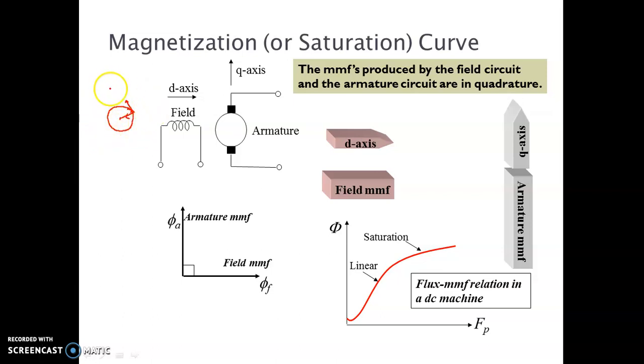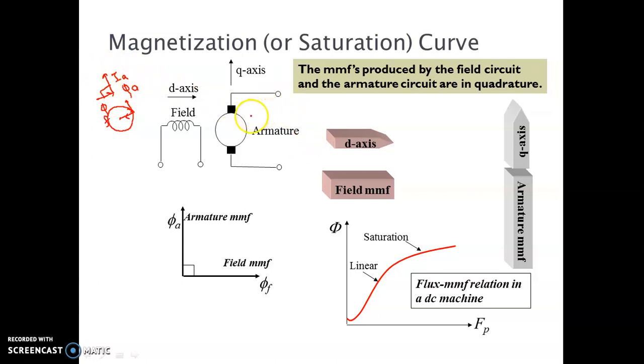This is the armature field phi A due to armature current, and this is the main field flux phi F. They are at 90 degrees, so its component phi F cos 90 will be 0, but it will continuously act and start to run in a circular path.